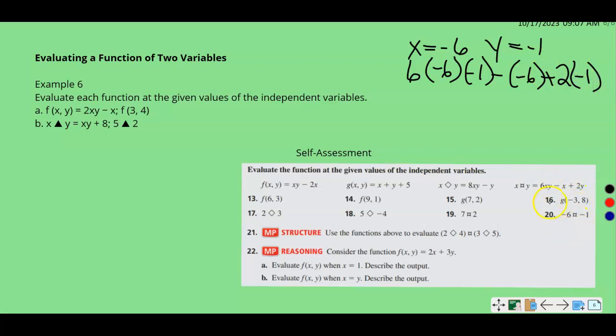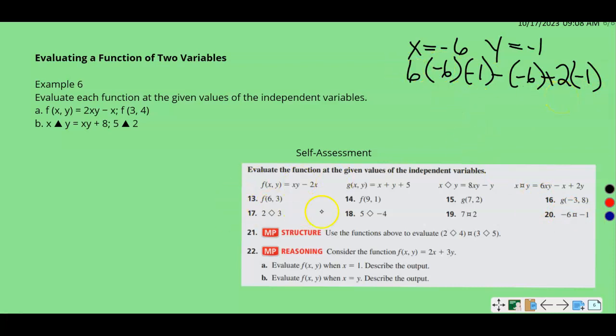You can see all I did was take this function right here, 6 times negative 6 times negative 1, minus is part of the equation, so don't forget to put that there, minus x is negative 6 plus 2 times negative 1. If you evaluate this, you're going to get the answer for number 20. Remember order of operations as you go as well.